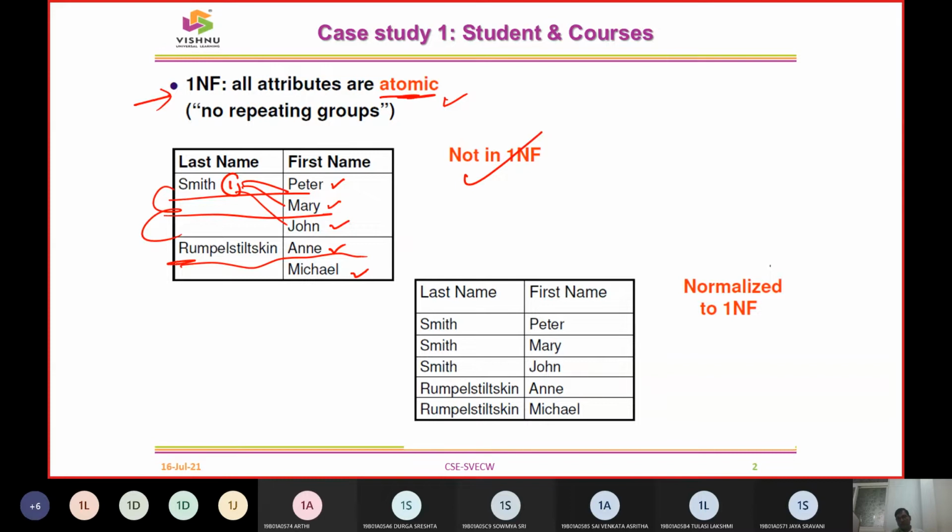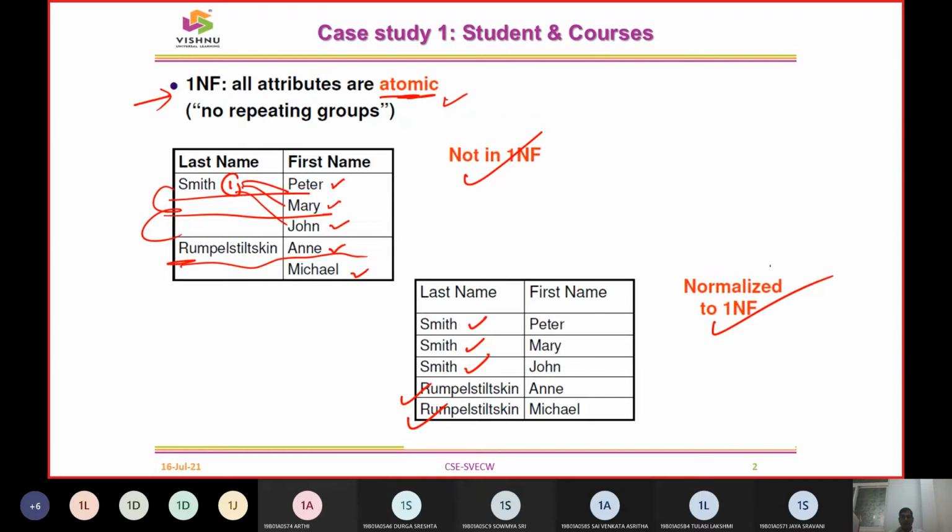As the things are not in the first normal form, meaning we should have unique, atomic values, now it is to be normalized. How are we going to normalize it? We will make duplicate values of Smith and of R, and fill the column. Instead of null space, we give the name again for the other attributes.